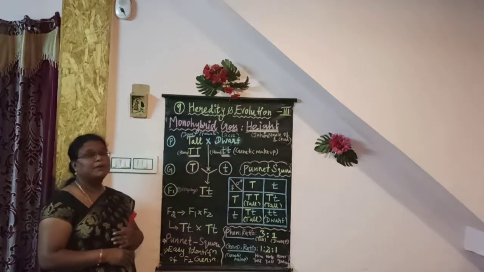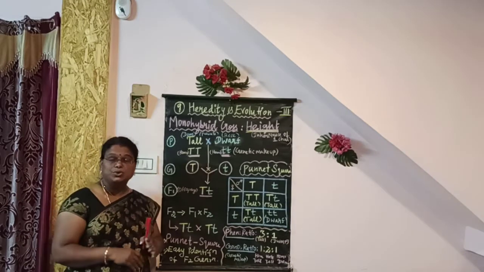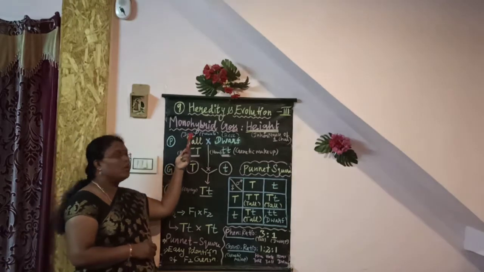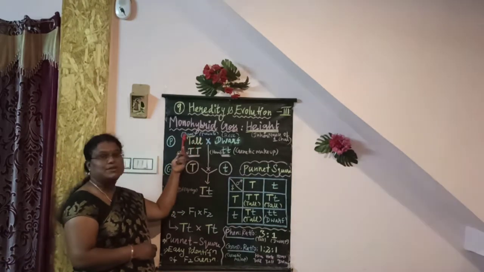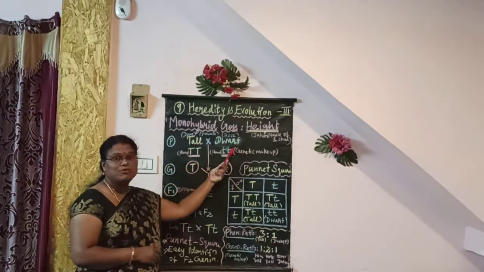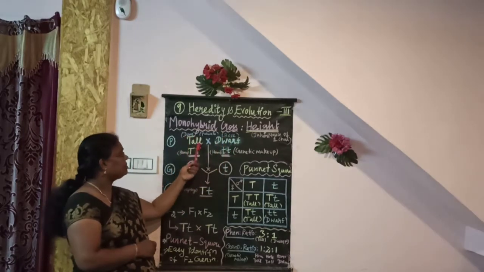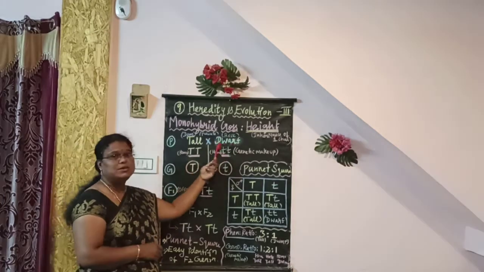So in this experiment he chose two parent plants. One is the dominant parent, that is tall, and the other is the recessive parent, that is dwarf, that is short. So this is tall, this is dwarf.